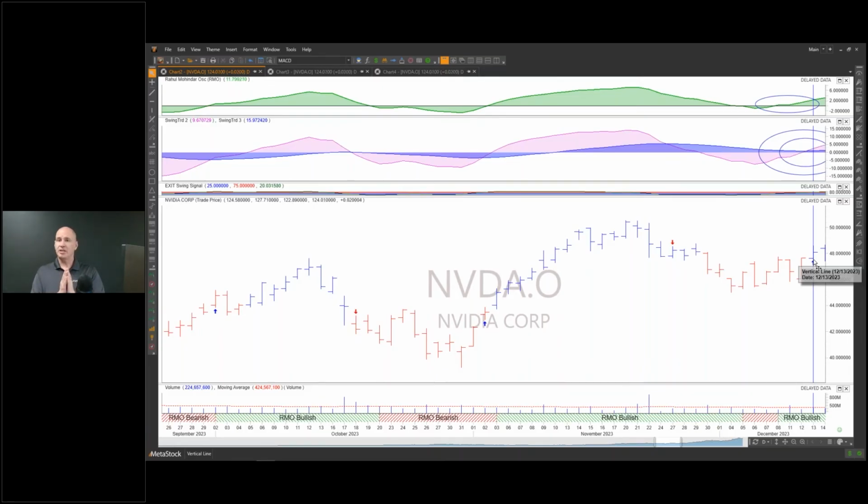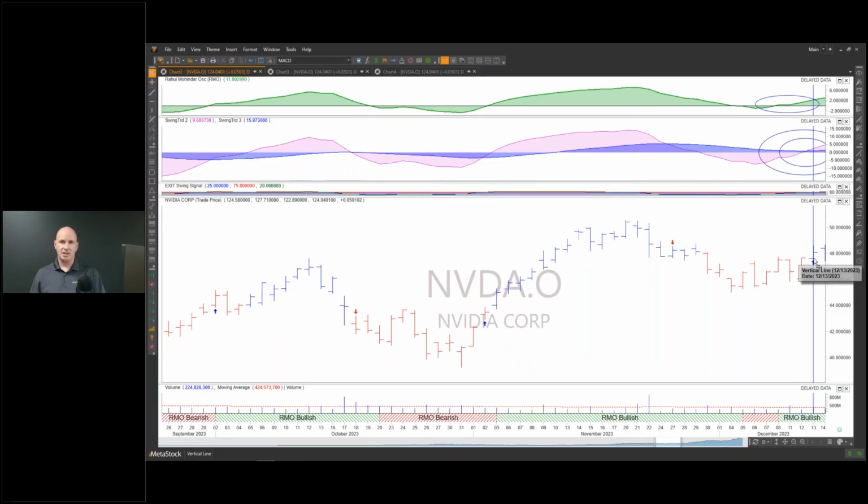Now, Rahul, being the great trader that he is, gave us some rules around trading to help us confirm things. Okay, so 1, this is our signal bar. This is where everything came together. What Rahul teaches is we want to buy strength and sell weakness, which is basically the Dow theory.